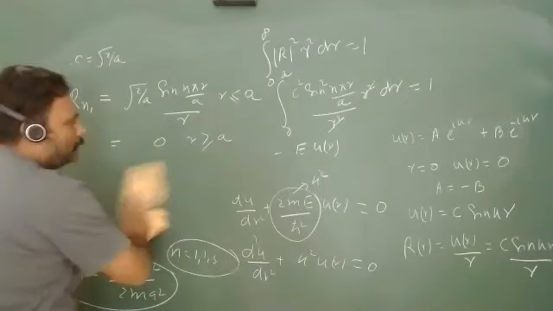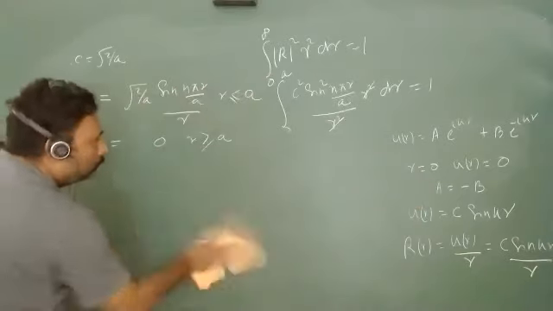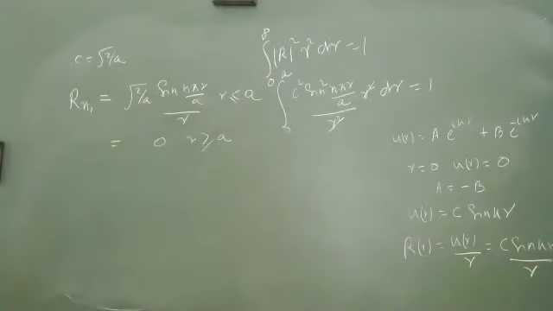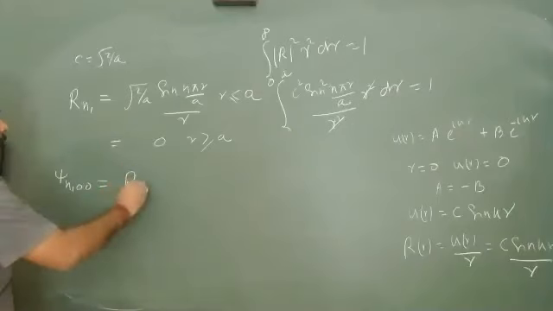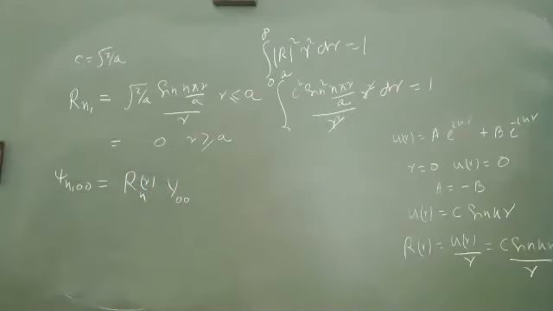And what will be the total wave function? Psi n 0 0. Because L is equal to 0, then M is also equal to 0. So this will be radial wave function Rn and Y 0 0, isn't it?